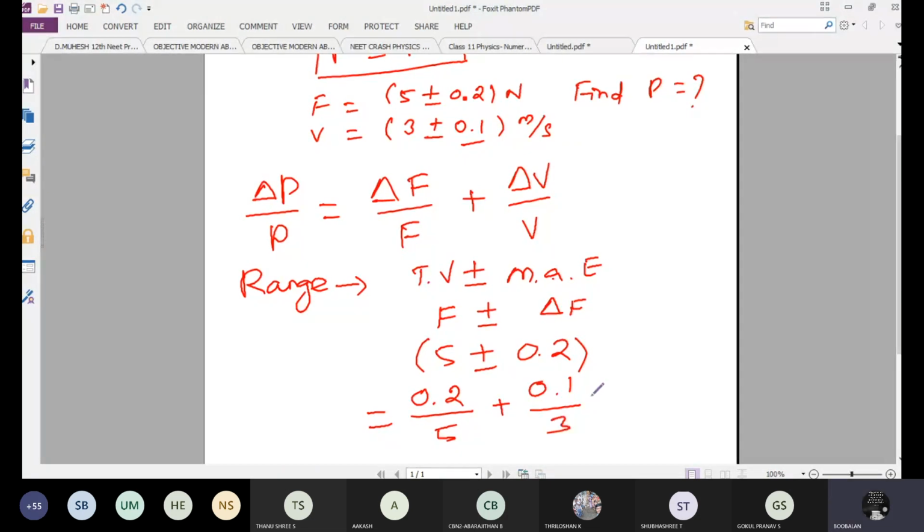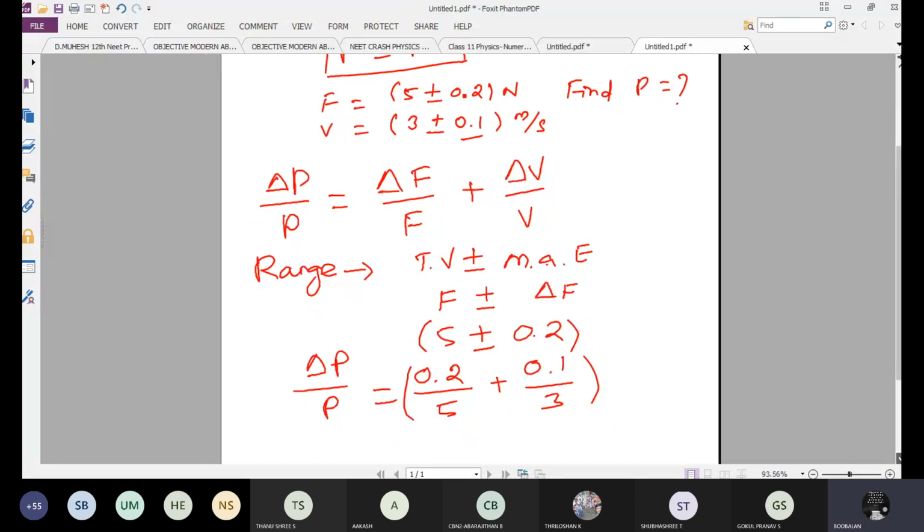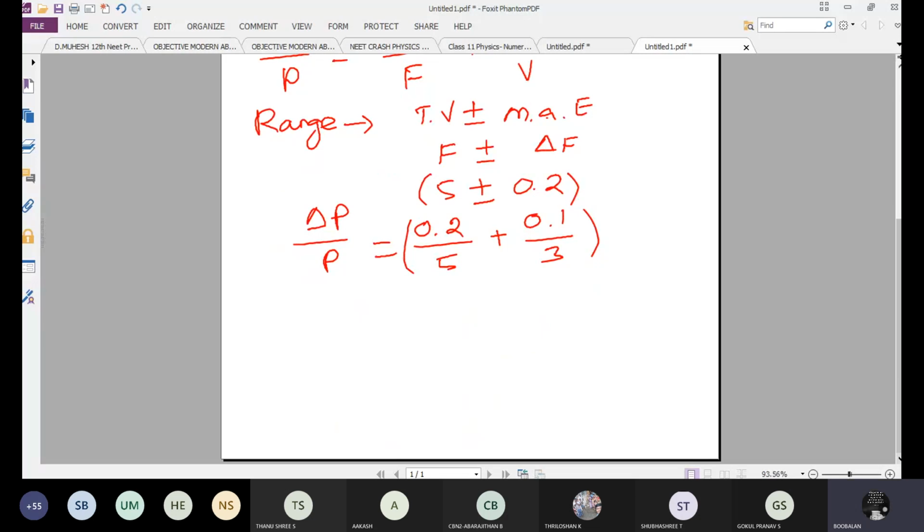Okay, this is del P divided by P. To do the calculation part, you will get del P value.